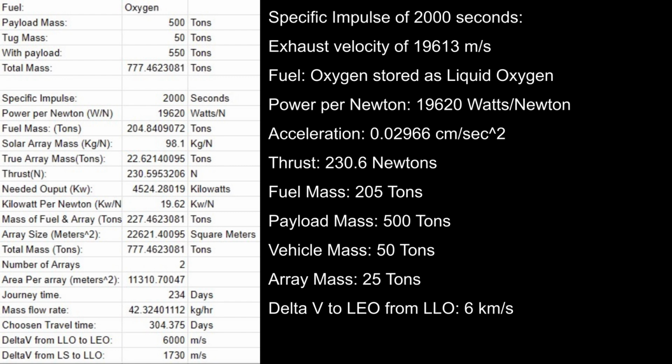I won't talk about the design specifics of such a setup, but I will display all the information of the ship on the screen for those who are interested, along with the other information to keep track of everything I said. I won't be including the energy costs to make the vehicle, and will be purely looking at the cost to simply launch everything to low Earth orbit from the moon.